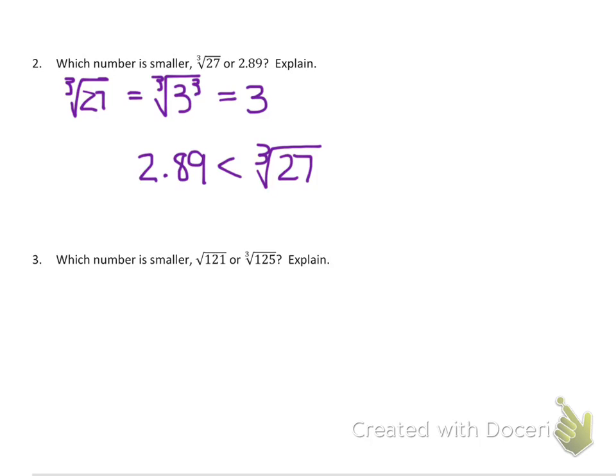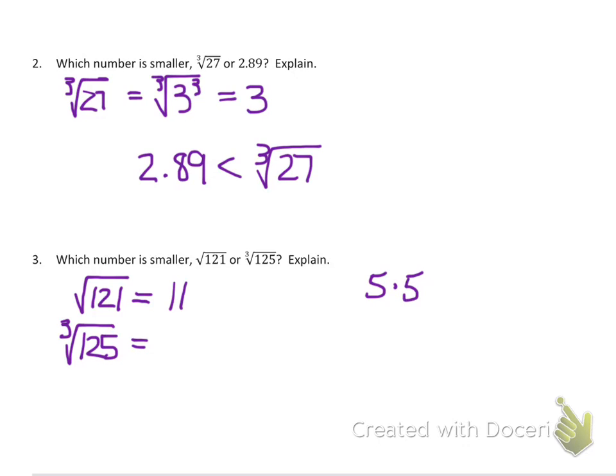Okay, next one. What I'm going to want to do is find rational equivalents to these two. I know that 121 is a perfect square, so the square root of 121 is 11, because 11 times 11 is 121. The cube root of 125 is the number that I multiply by itself 3 times, and that's going to be 5. 5 times 5 times 5 is equal to 25 times 5, which is equal to 125.